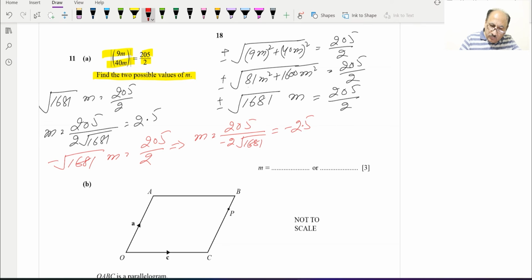So our answer will be 2.5 and minus 2.5. These will be the values, and this is 3 marks.